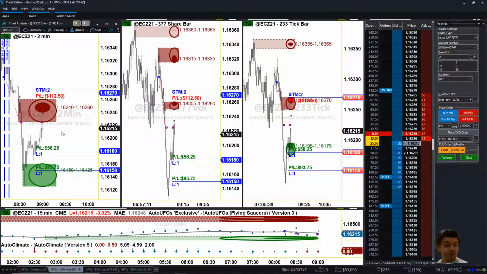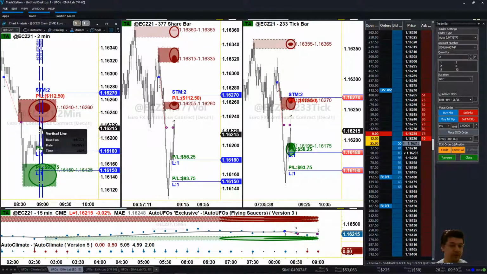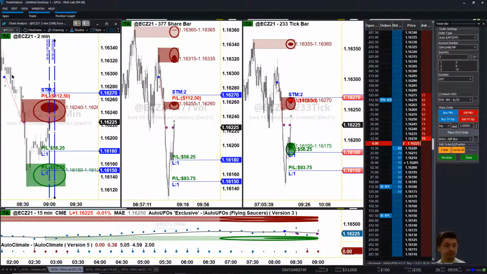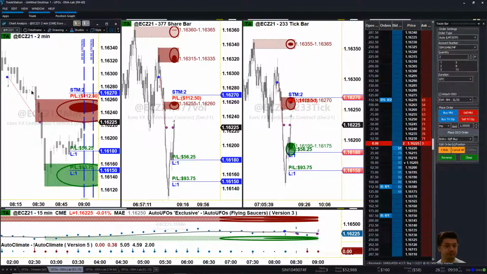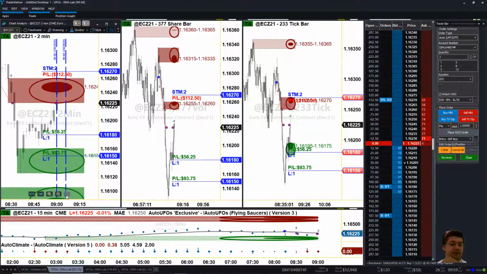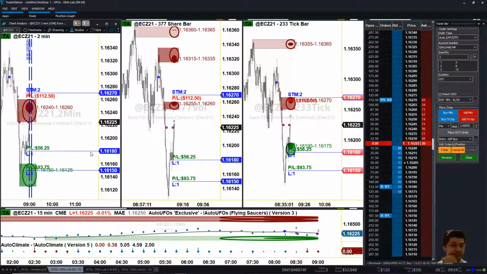That's good. This is also a 2-minute time frame, so I'm just gonna move these verticals here. All right, 1, 2, 3. Okay, that's our setup there. Oops, let's bring that back a little.